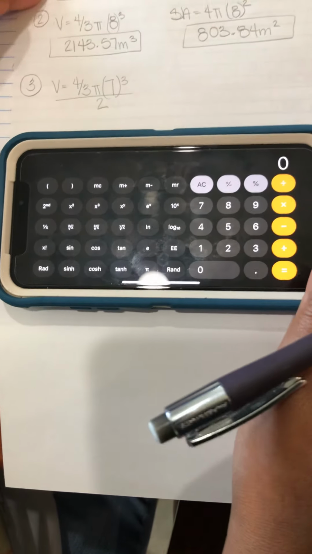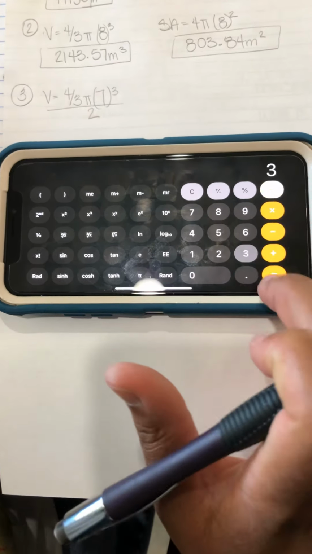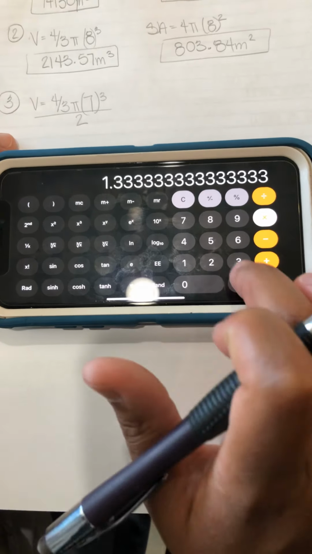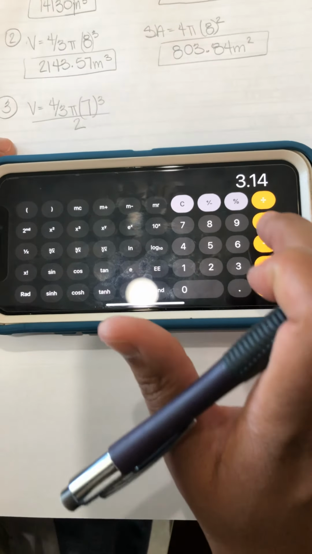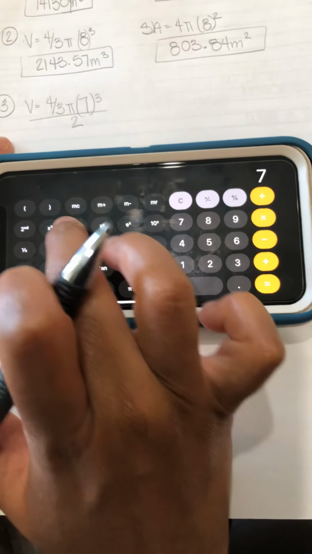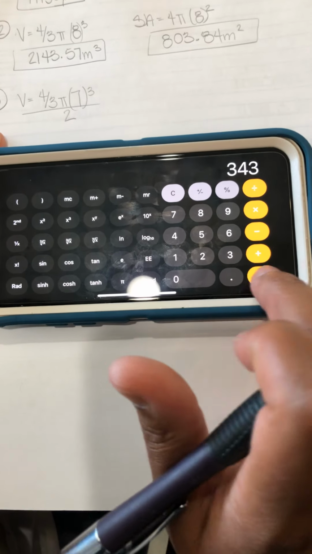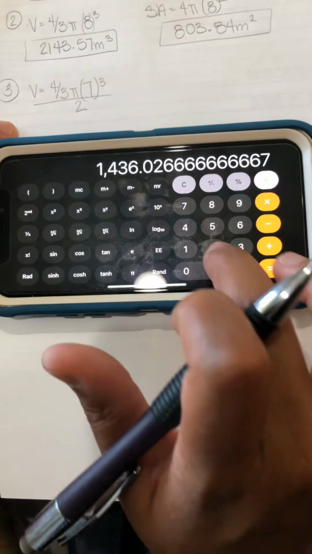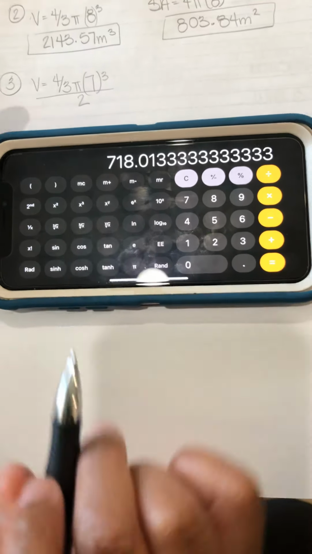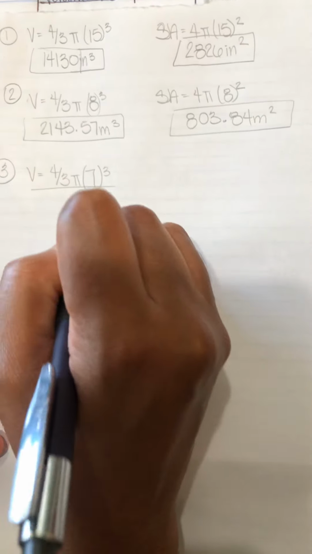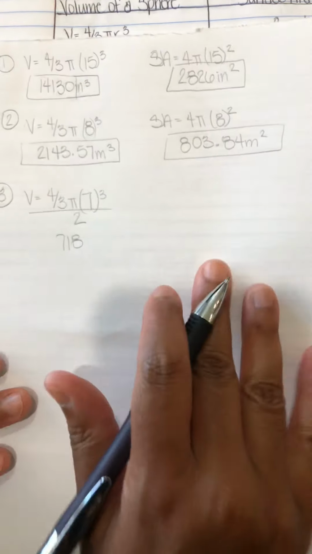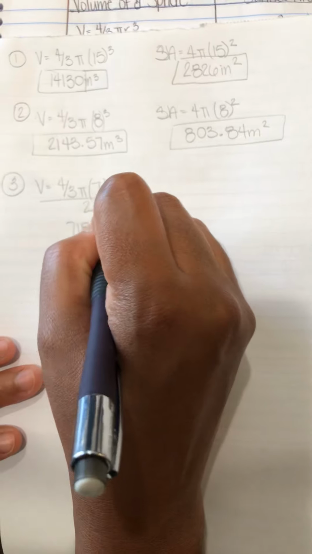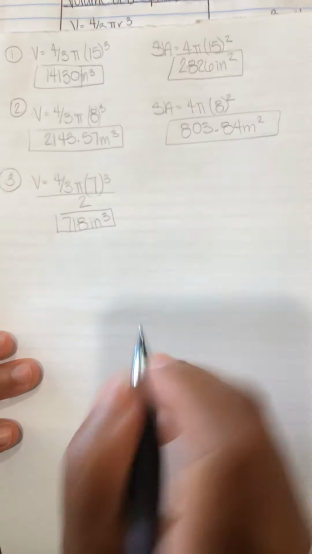So in my calculator, I'm going to put 4 over 3 times 3.14 times 7 to the third power, and then divide it by 2. So that gives me 718. And this was inches cubed.